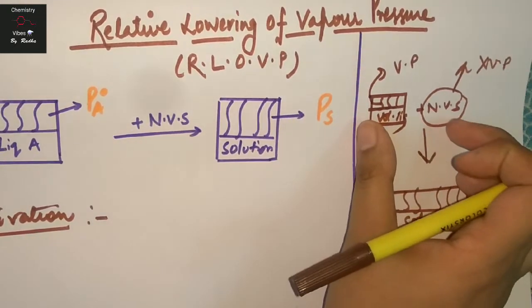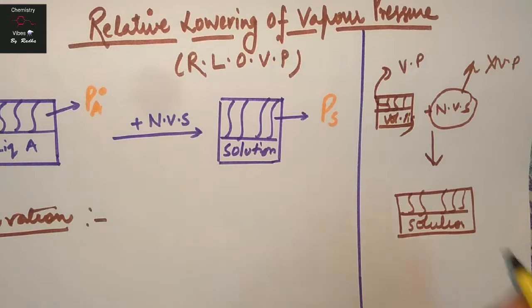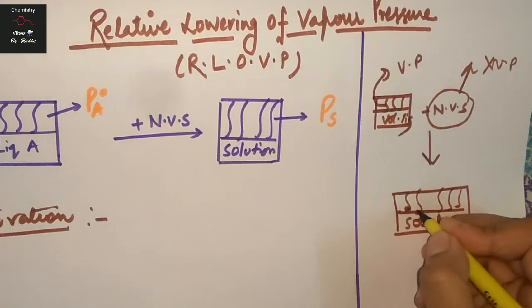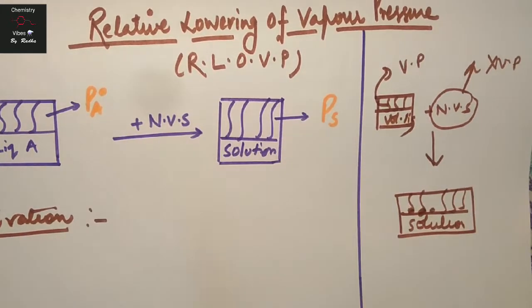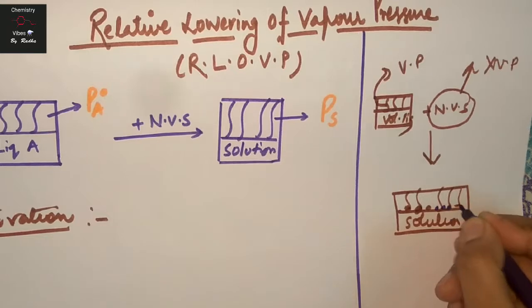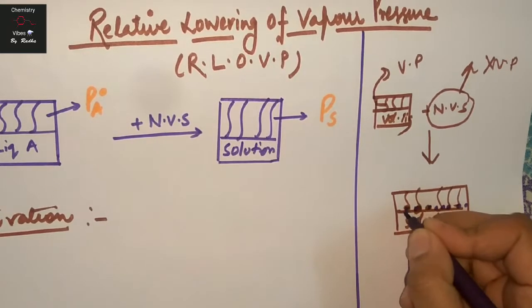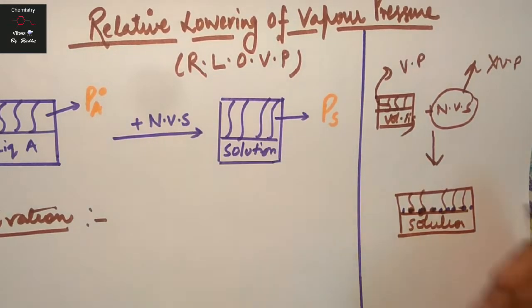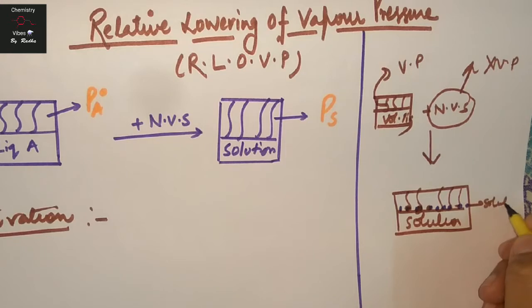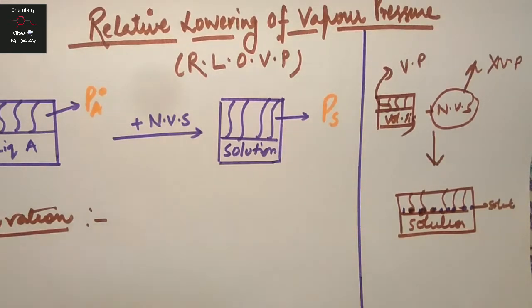Now when you mix a volatile liquid or any liquid with the NVS, the solute particles are somewhat suspended on the surface of the solution. Solute particles remain on the surface of the solution at all times. At any given time, some solute particles would always be there on the surface of the solution.